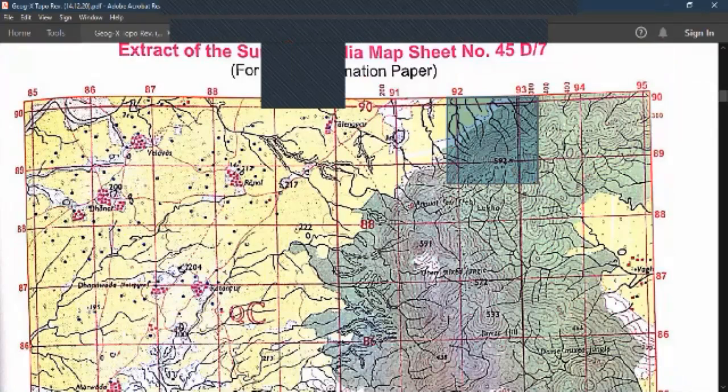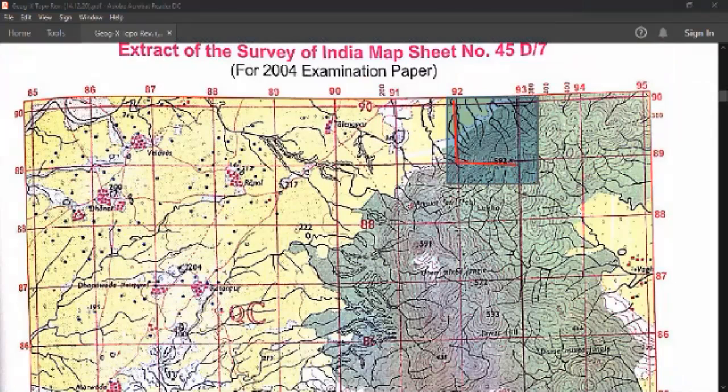Again, first of all, delineating the grid and then marking the easting value and then the northing value. Here the easting value is 92, whereas the northing value will be 89. So what will be the grid reference for it? It is 9289. Now, is it clear to you all?